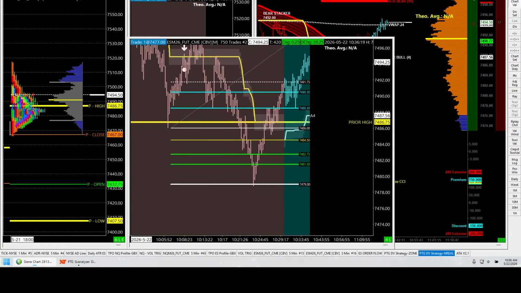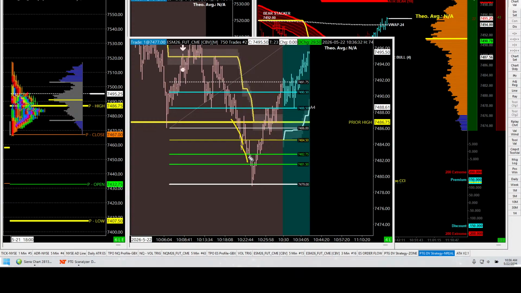I'm more interested in trying to enter on the reclaims back above. So in other words, the market's coming down, you see the D level, you see the money box zone, and you continue to monitor this. It could stop at any of these levels in reverse.